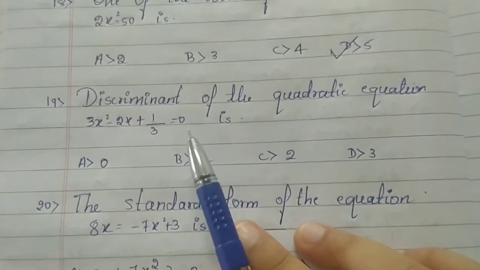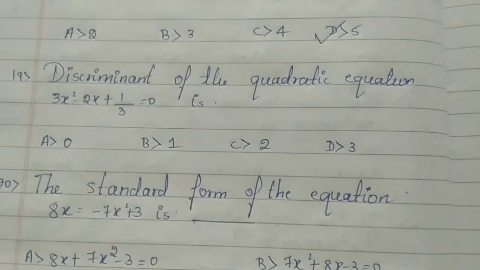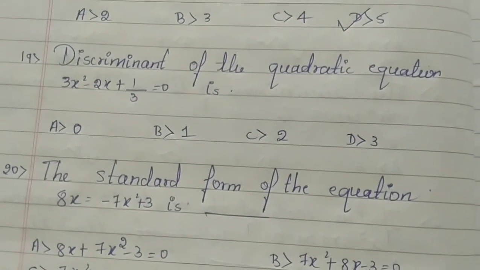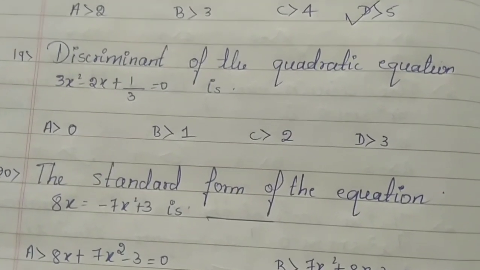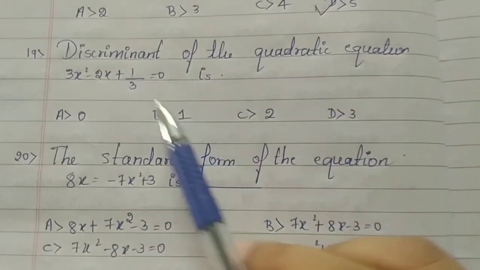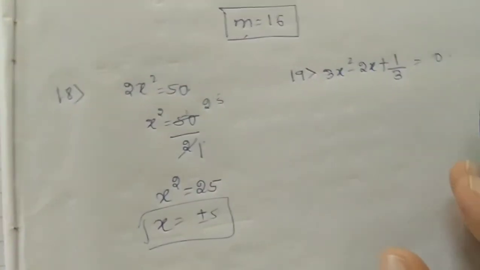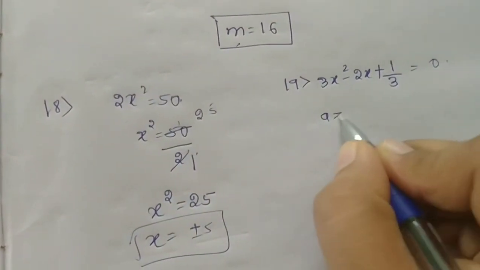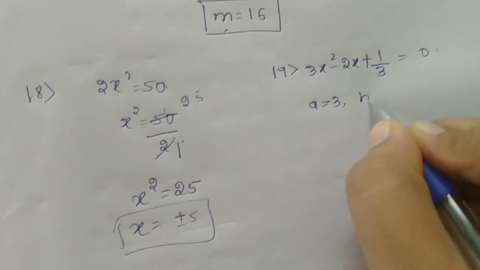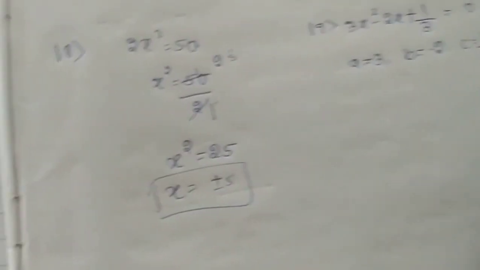Okay, so next is the discriminant of the quadratic equation. In the 19th question, the discriminant of the quadratic equation 3x square minus 2x plus 1 by 3 is equal to 0. First we will note down the value of a, that is 3, the value of b is minus 2, the value of c is 1 by 3.